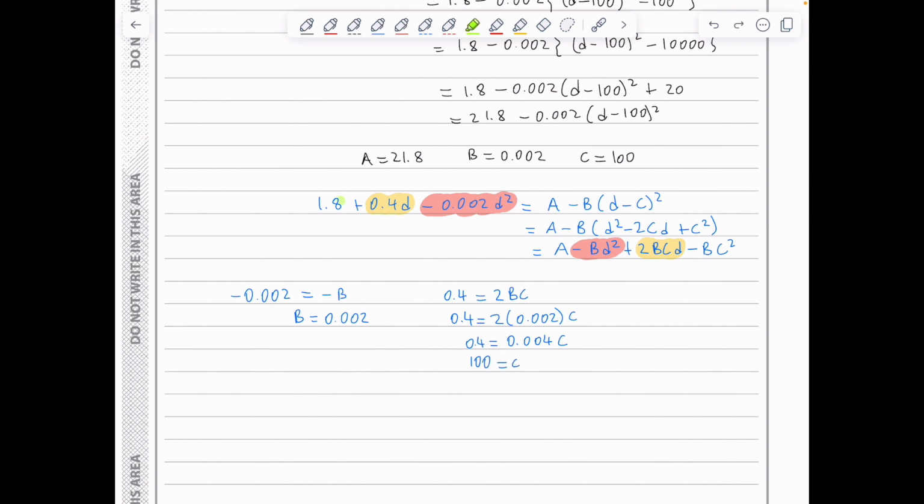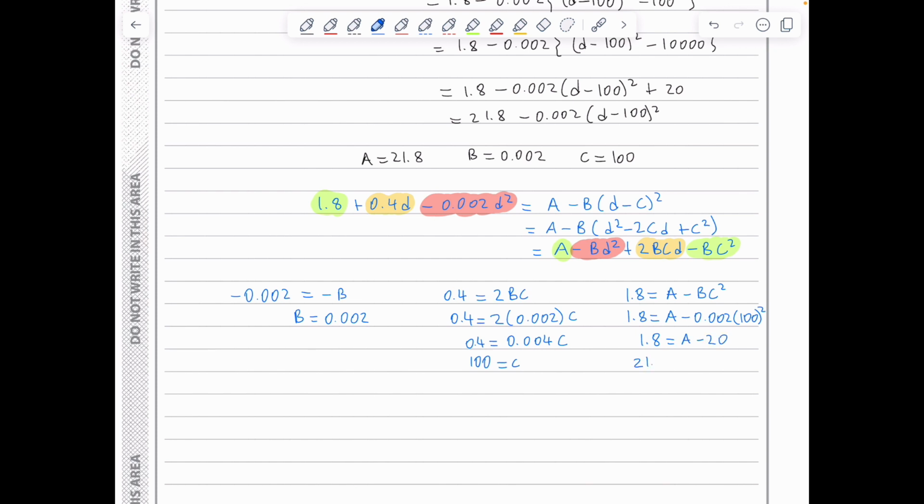And finally, we will be looking at the constant. It's 1.8 on the left hand side, and it's a minus bc squared on the right hand side. So 1.8 is equal to a minus bc squared. So 1.8 is equal to a minus 0.002 times 100 squared. This leads to 1.8 is equal to a minus 20.